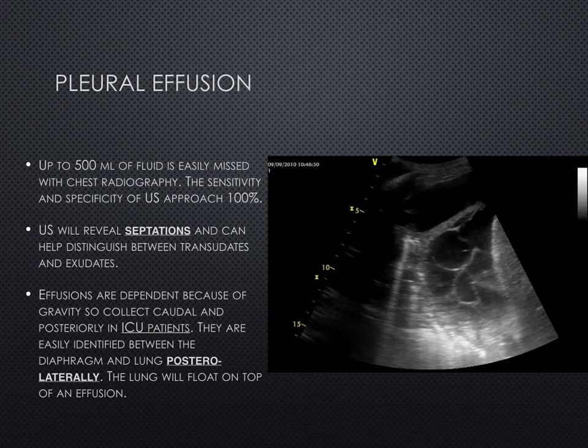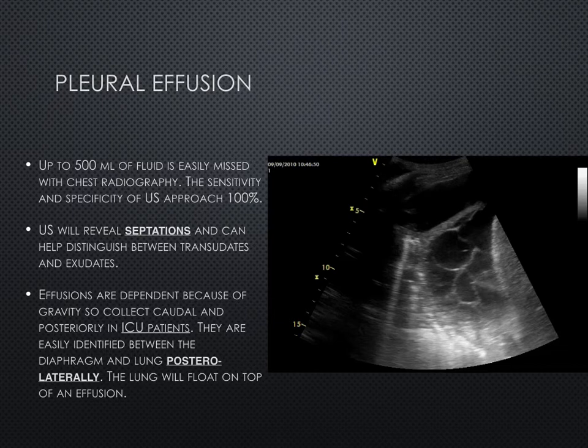So, just in summary about what we've been discussing with regards to lung ultrasound for assessment of our pleural effusions. The sensitivity of lung ultrasound and the utilization of lung ultrasound for investigation of pleural effusions should be considered superior to that of just our plain film chest x-ray.